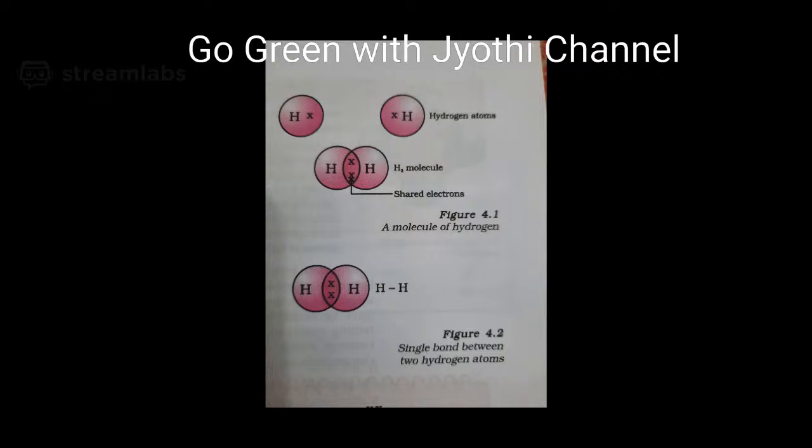So, it combines with another hydrogen, which is monovalent. Hydrogen has one electron, another hydrogen has one electron. So, two electrons will be shared to form a covalent bond as you see in the image.